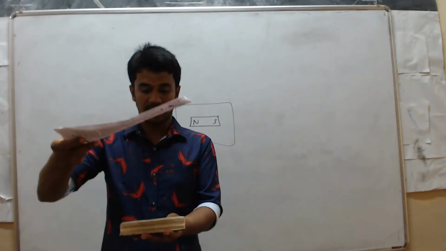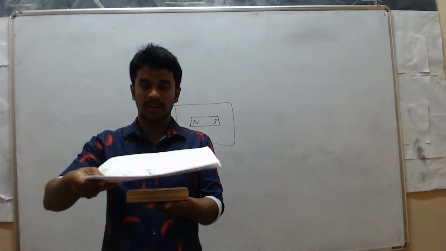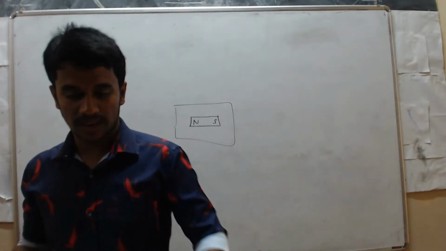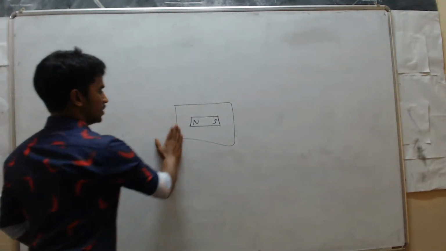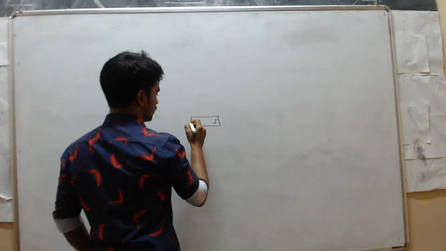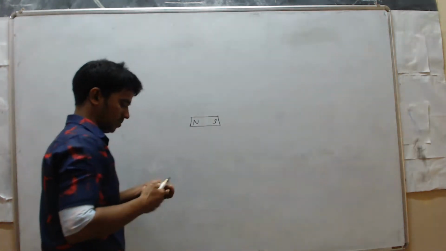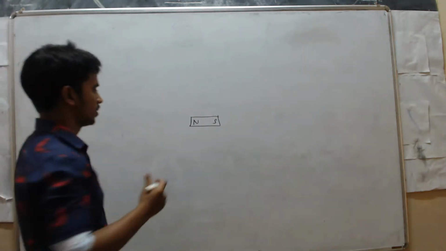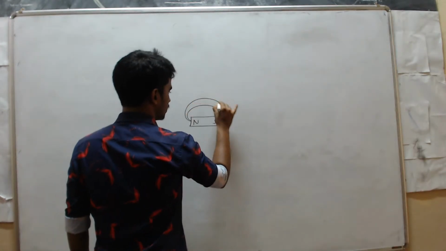Place this glass sheet over the bar magnet like this. Then put some iron filings. All the iron filings will arrange like this.